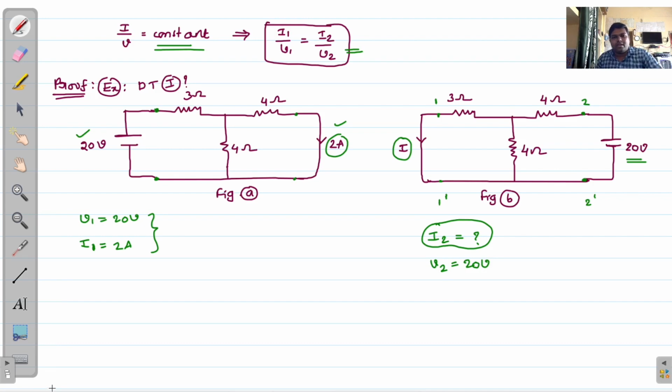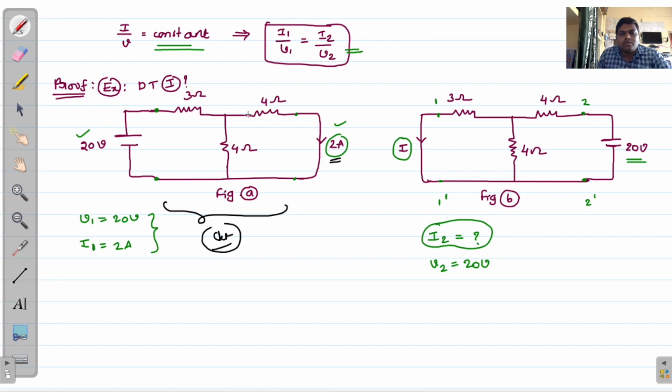You can use any type of method to solve it. For example, if this 2 ampere is not there, you can remove all the source and load and focus on this particular circuit. By excluding source and load, we can call this entire thing a circuit, right?